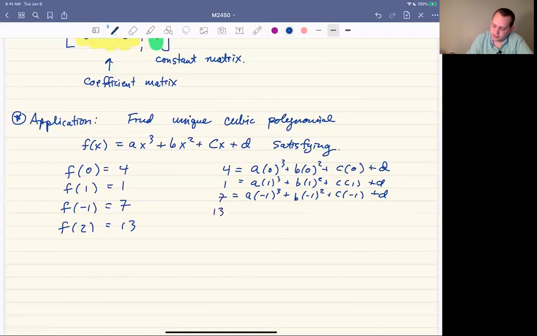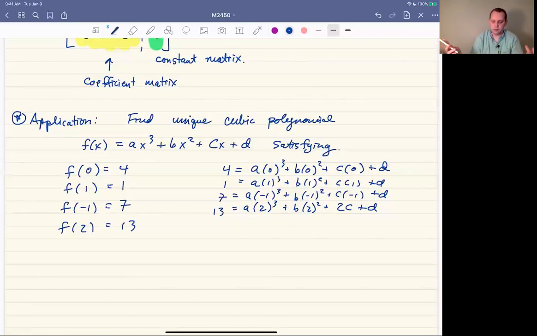And we want 13 to be f of 2. So that's going to be 8a plus 4b plus 2c plus d. And so this is going to give us a system of 4 equations and 4 unknowns.